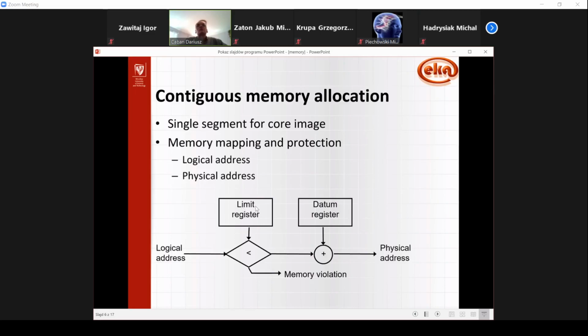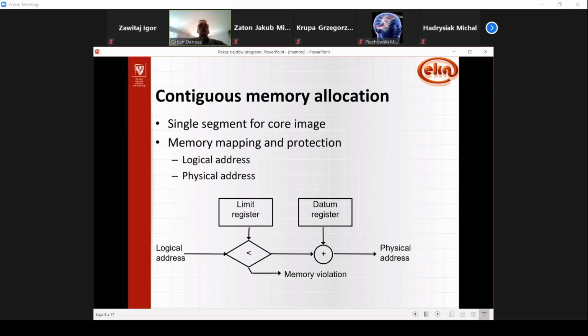Another process will use those registers. So just two registers are required on each processor used in the system that the operating system is managing. This is a very distinct advantage of the approach, because accessing registers is fast. That means there is very little overhead in translating logical addresses to physical addresses.